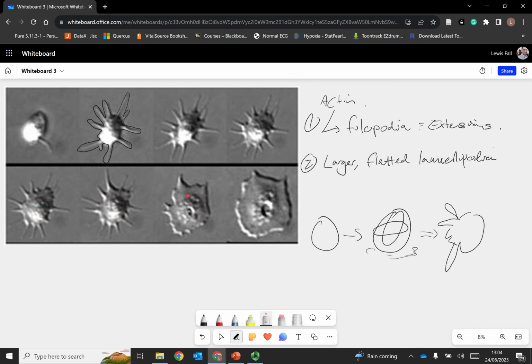It's almost like as the filopodia work their way out, they're at the same time pushing the granules towards the middle of the platelet. So we can say that this squeezes granules to the middle.